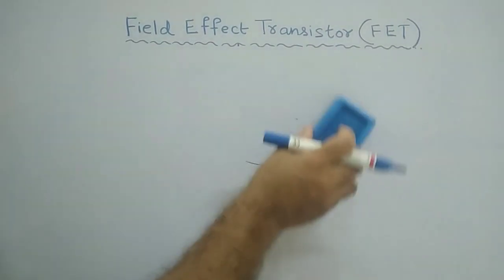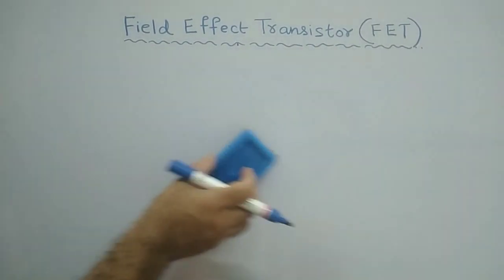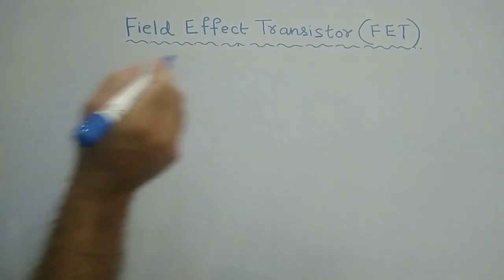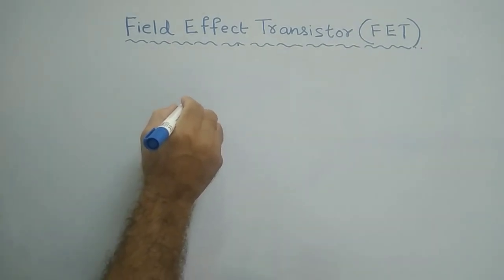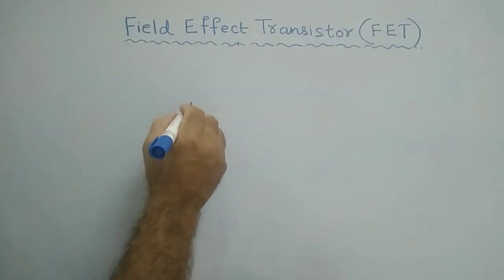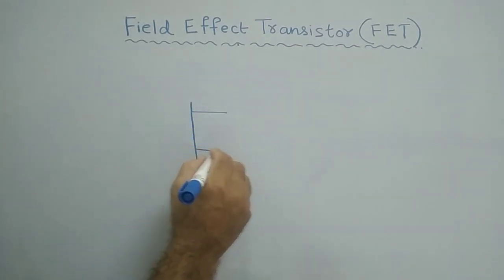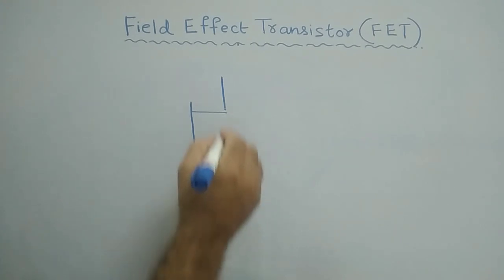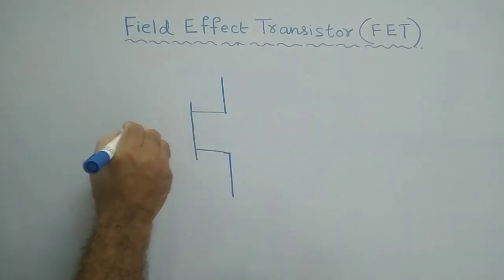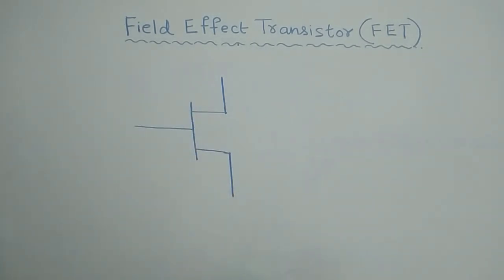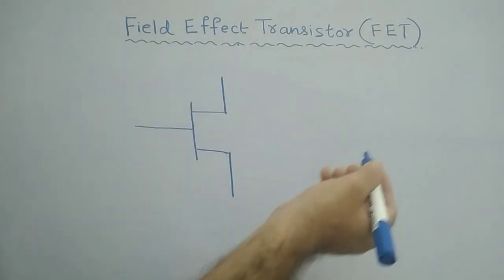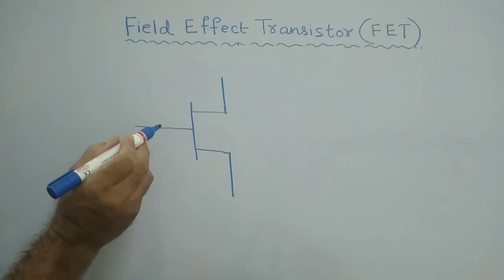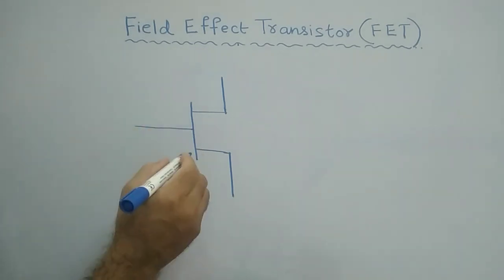The electrical equivalent circuit of the FET is denoted by a symbol a little different from the BJT.